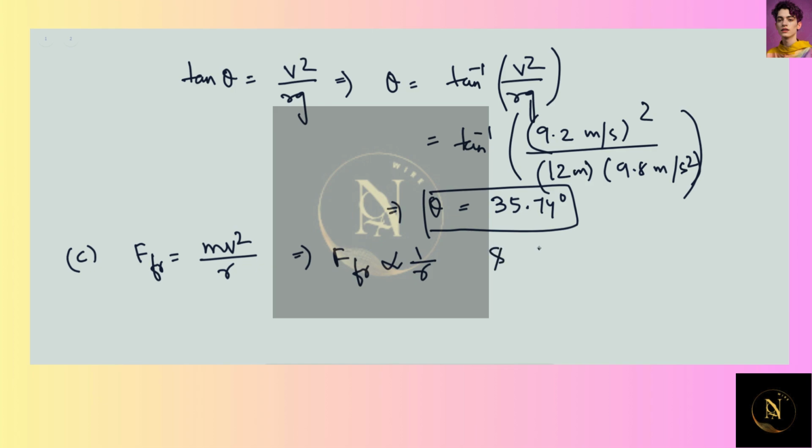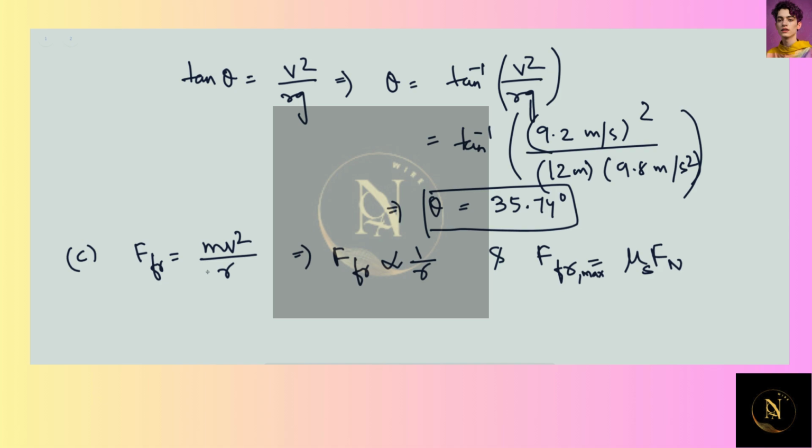And also the maximum static frictional force is mu Fn, where mu is the static coefficient of friction. So maximum force is mu s times Fn.